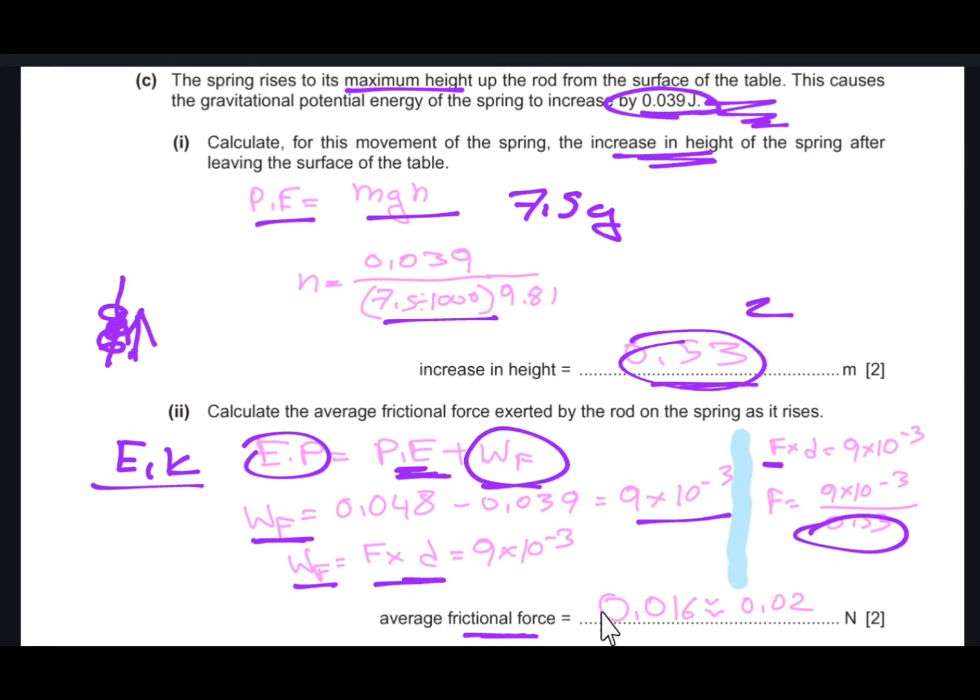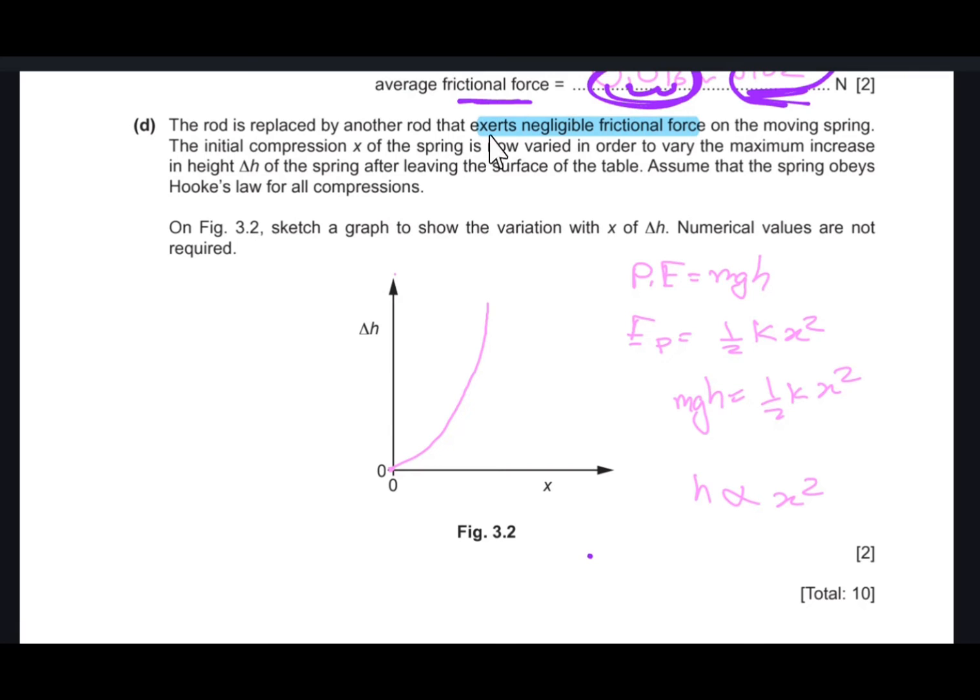After calculating, we get our answer as 0.016, and correct to 2 significant figures, that would be 0.02. This answer is given to 3 significant figures, and we convert it to 2 significant figures, that is 0.02.